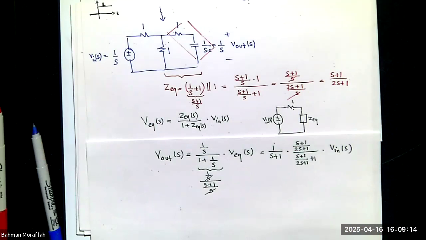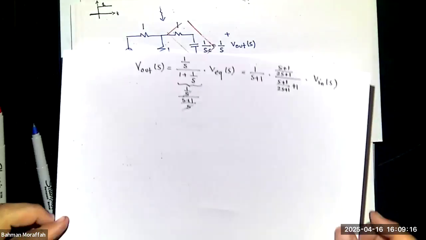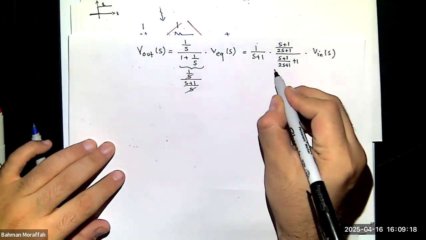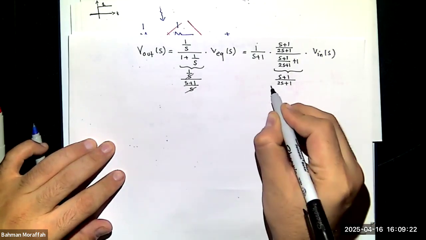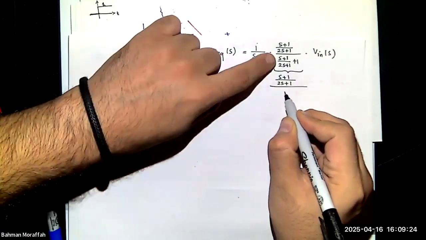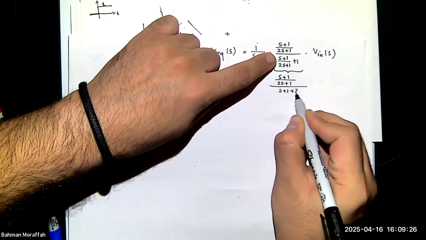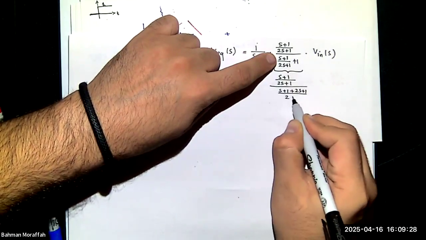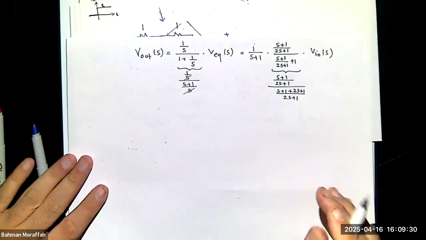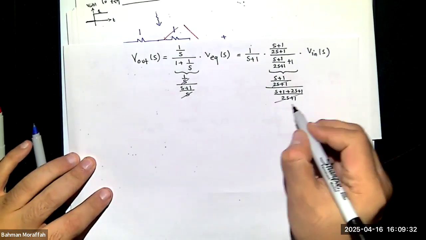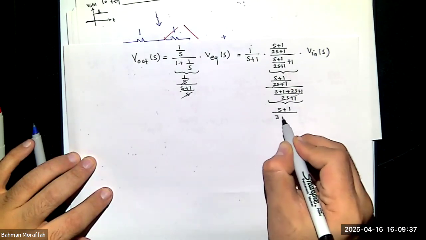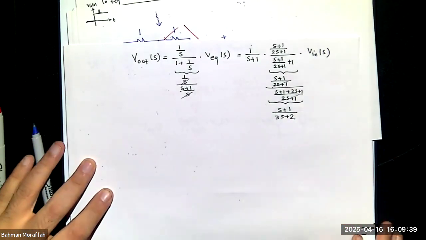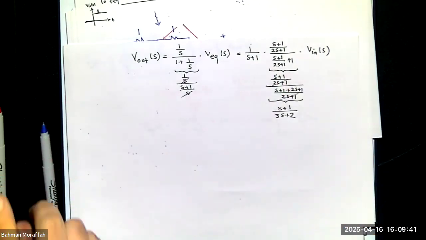Let's simplify it a little bit. I can write this as (S plus 1) divided by (2S plus 1), divided by (S plus 1 plus 2S plus 1) divided by (2S plus 1). Right? So this and this cancel. So the whole thing over here is (S plus 1) divided by (3S plus 2). This S plus 1 cancels this S plus 1.